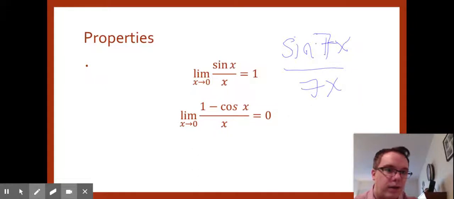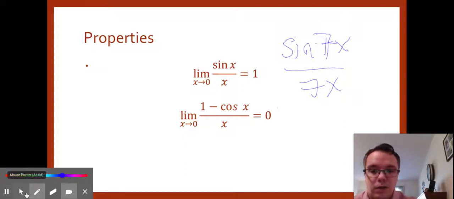So it doesn't matter if it's just x, 7x, whatever, that will hold true. Same for cosine here. 1 minus the cosine of x over x will go to 0. We're going to use these two properties today with our examples and in our homework.